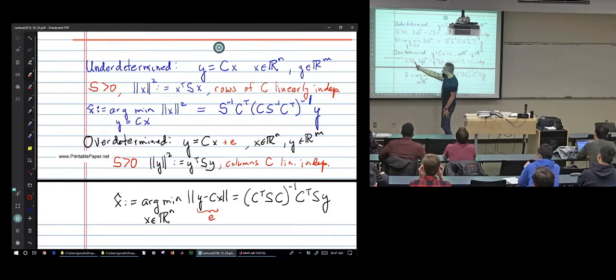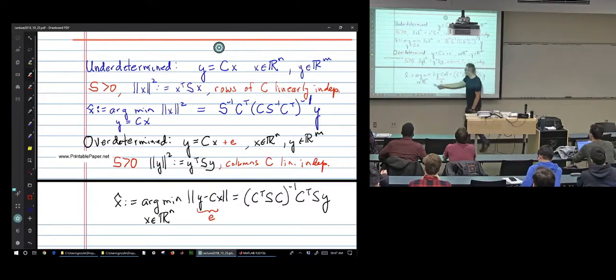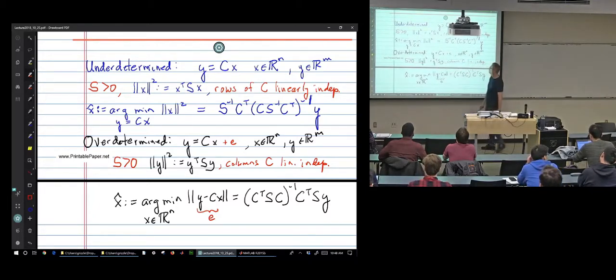Once again, S is positive definite, and we have a norm squared via an inner product. In the overdetermined case, we wanted the columns of A linearly independent, so now the columns of C are linearly independent. And this is the inverse of the Gram matrix. X is the alpha from the normal equations, and this is the beta. So x hat was chosen to minimize what we have to add to the equation such that this is actually an equal sign. It's the error in our estimate, and that was the answer there.